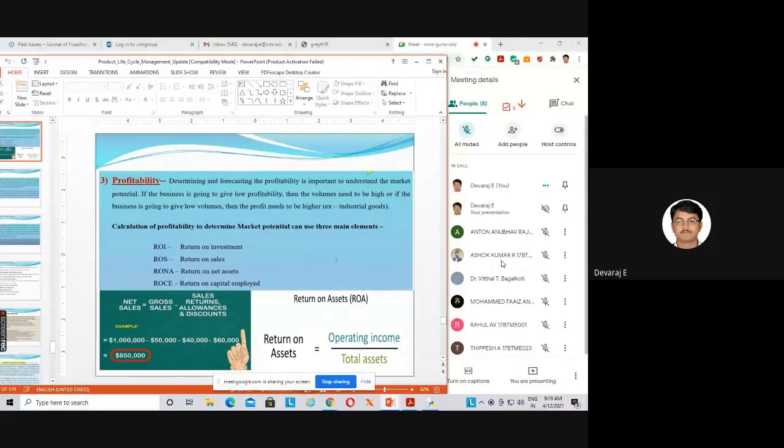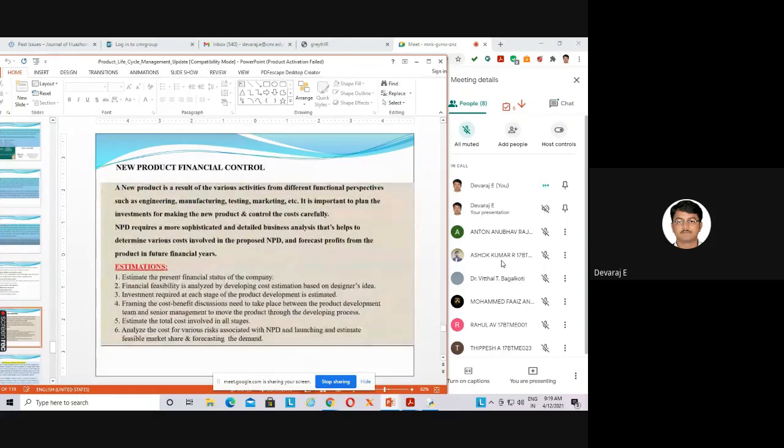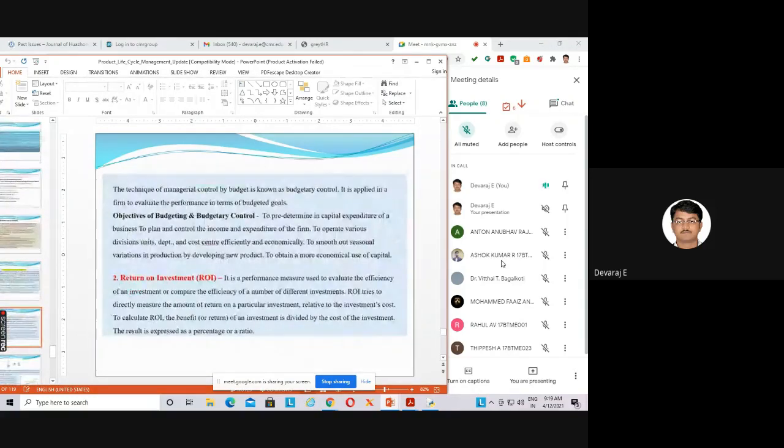Return of investment is nothing but how much you are getting for that month. So how much you are investing and how much you will get back. I think you can see the second technique. It is a performance measure used to evaluate the efficiency of an investment or compare the efficiency of a number of different investments.